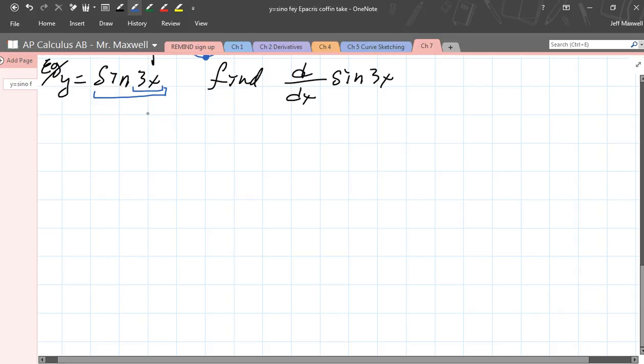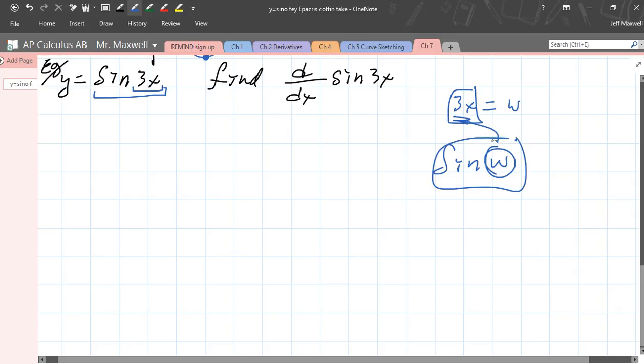So you see sine of 3x as the outside function, and then 3x is the inner function. If 3x equals w, you'd have sine of w, just sine of one thing. So we have two separate things: the sine function and the 3x function. And it's a composite function.